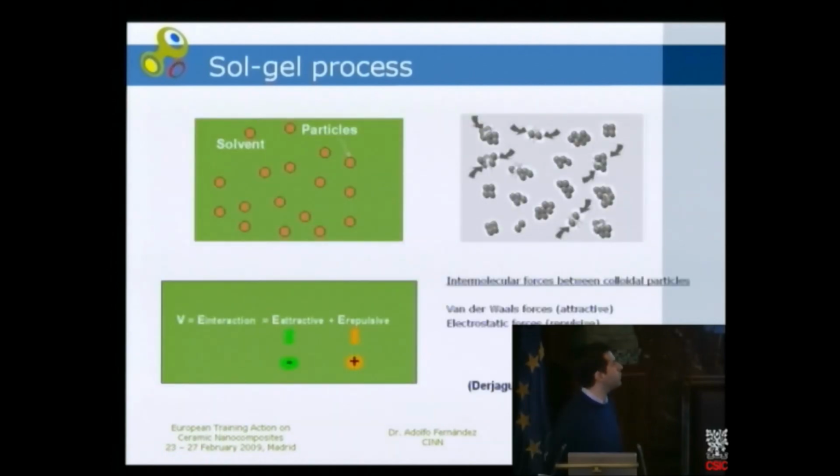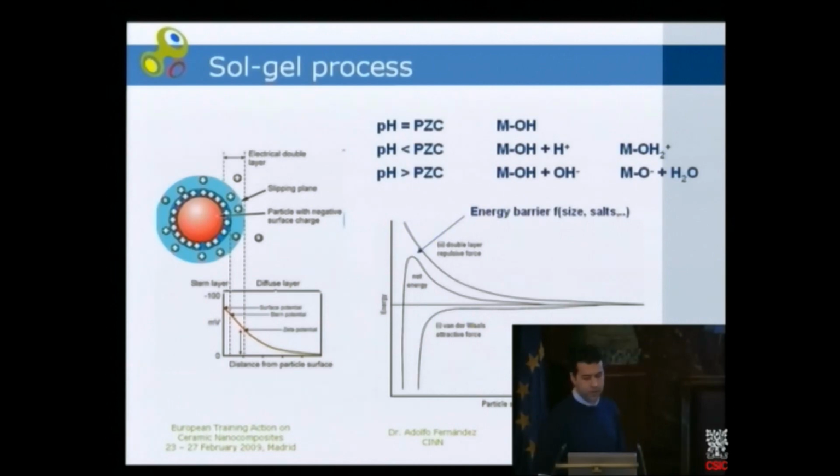Once we have particles in solution, these are going to be submitted to different forces, the van der Waals forces or attractive, and the electrostatic forces or repulsive. And if we plot the global energy involved with these forces against the particle separation, we are going to find a plot with this shape, and an energy barrier is identified.